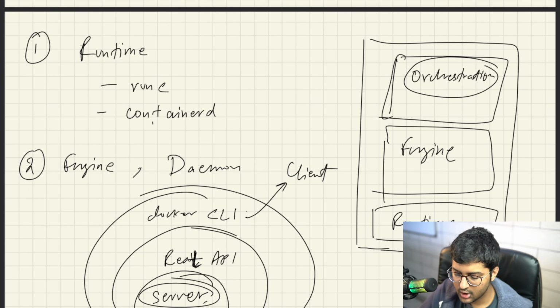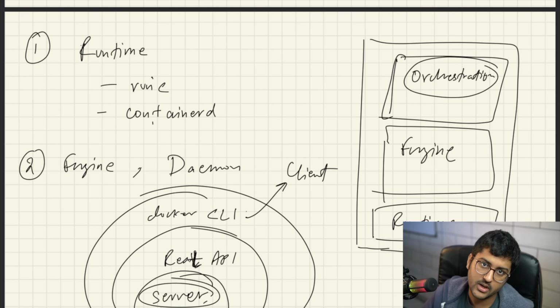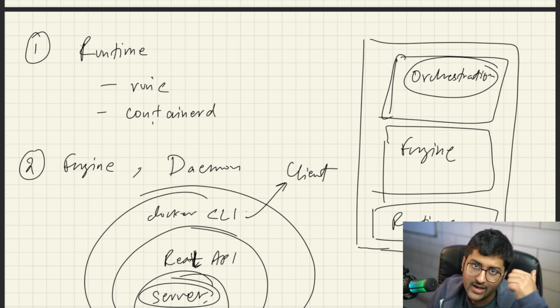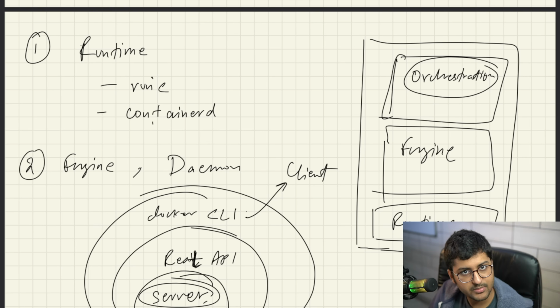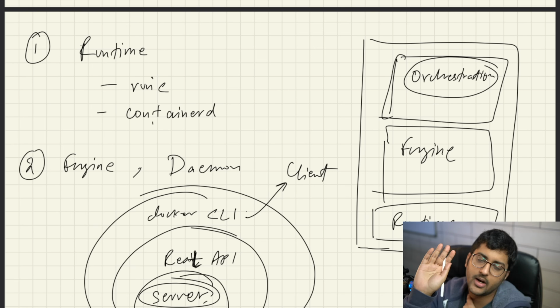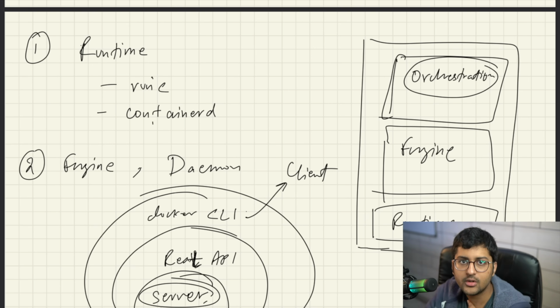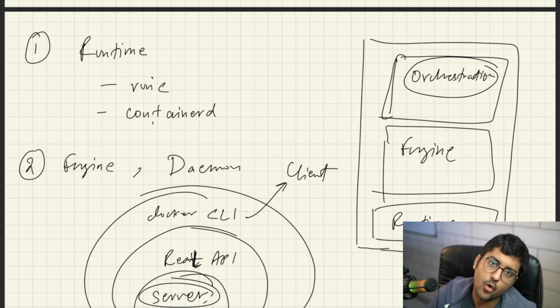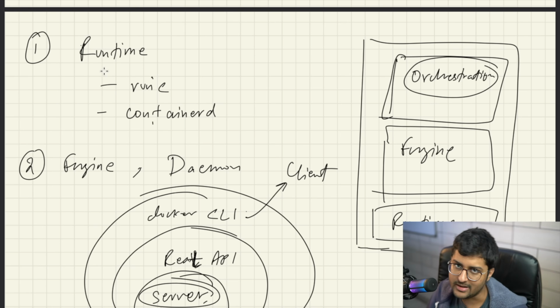So these are just 2 runtimes. I also talked about the Open Container Initiative, that there are many other runtimes, and that it has 2 specifications, the image spec and the container runtime spec. It defines that anyone can have their own runtime now, but they have to follow the rules mentioned by the Open Container Initiative about images and container runtime specs.